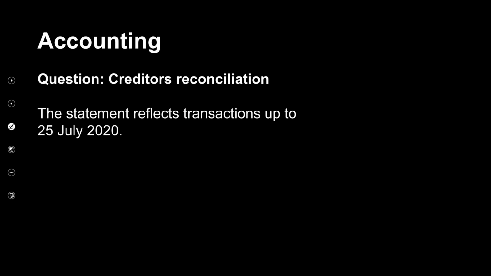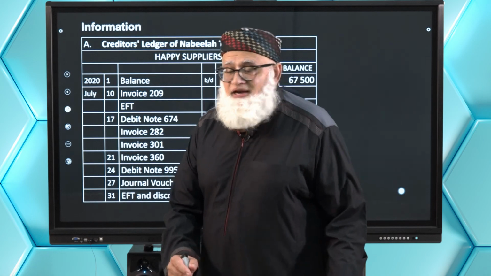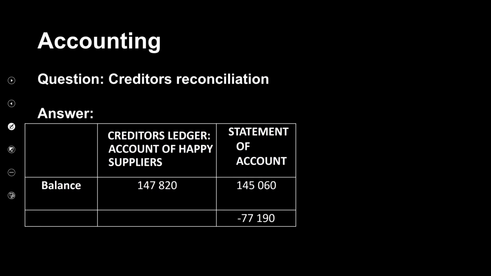Right. And then finally, we are told the statement reflects transactions up to the 25th of July 2020. So clearly you can see here that this payment of 77,190 is not reflected in their records. Why? Because we've already received the statement, and you can clearly see we now have to do what?